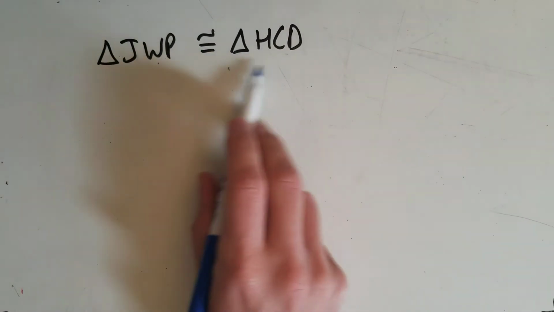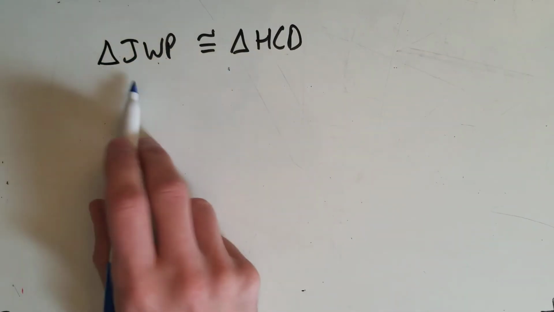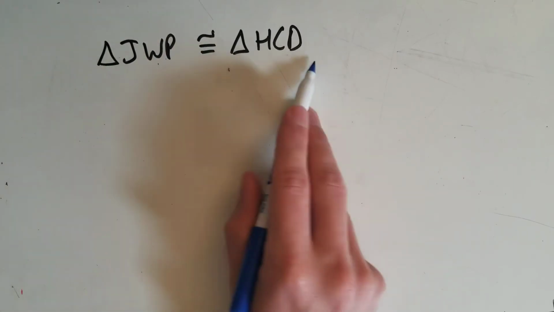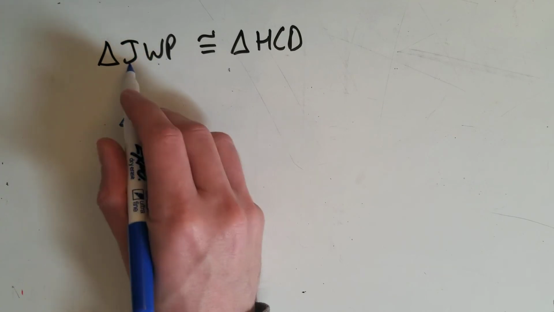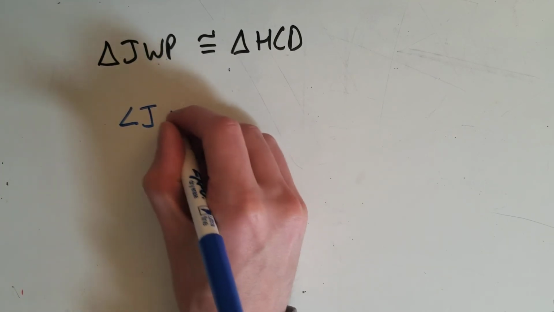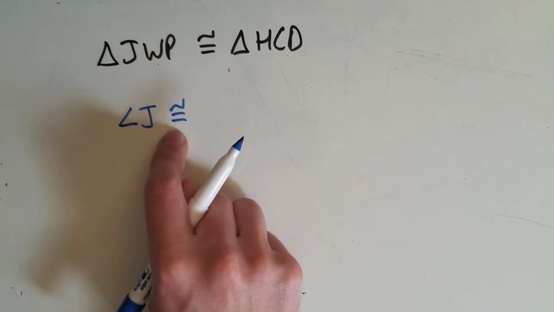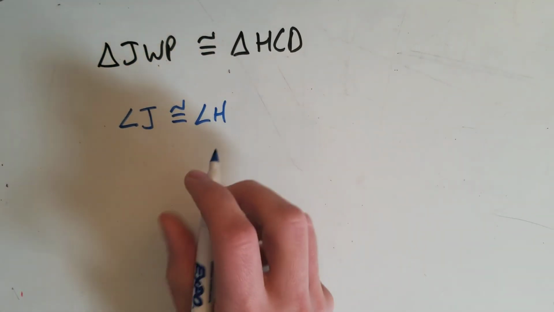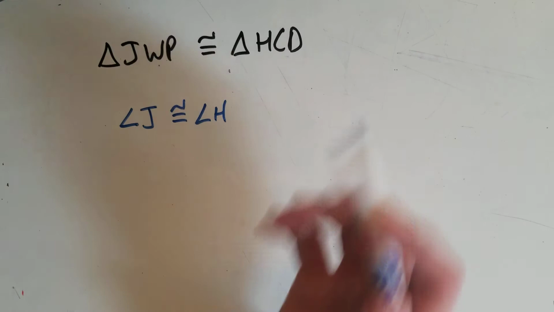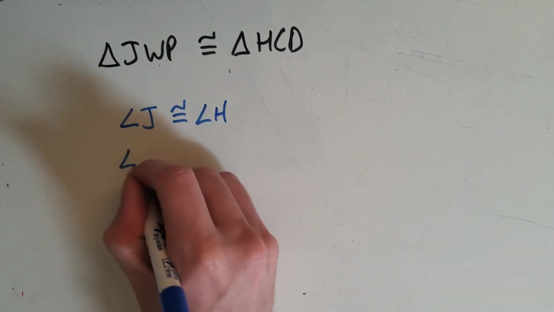But again, the order that we write is very important because it's going to tell us what corresponds. So from this statement, we know each one of these points is going to have an angle. So angle J we'll start with. That's going to correspond and be congruent to, well, J was first, H is first, so it's going to go with angle H. And this is why the order is so important, because it's going to tell us what corresponds.